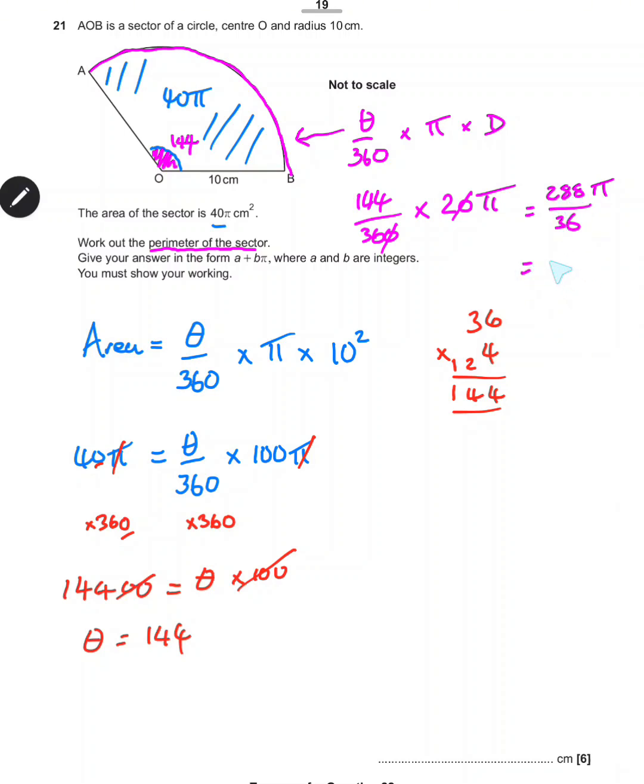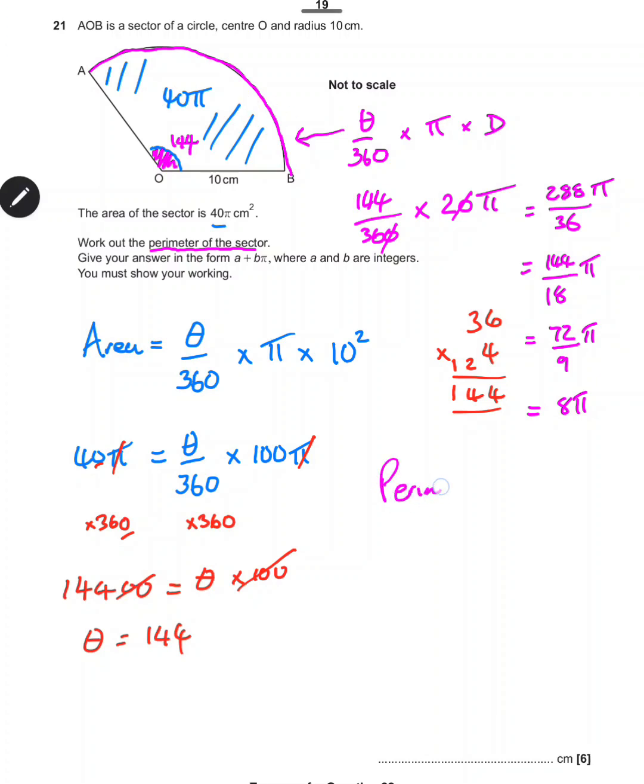Half in top and bottom again, we're going to end up with 144 over 18 pi. Half top and bottom again, half of 144 is 72. So we ended up with 72 over 9 pi. These will both divide by 9. You end up with 8 pi. 72 divided by 9 is 8. So the arc length is 8 pi.